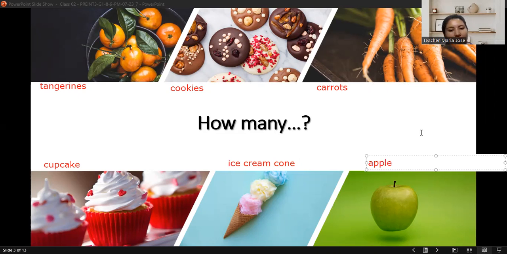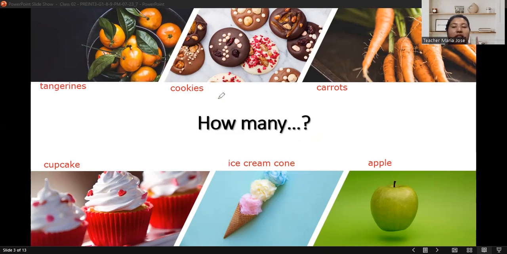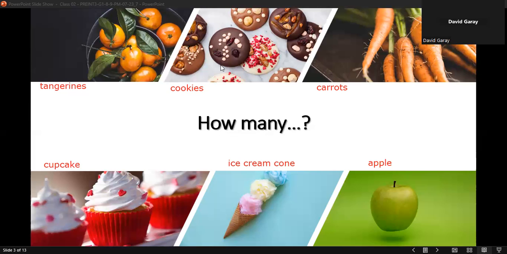Okay, so now that we have the vocabulary, focus on the question, okay? This is the question that we need to answer. How many tangerines are there? How many? Eight tangerines.